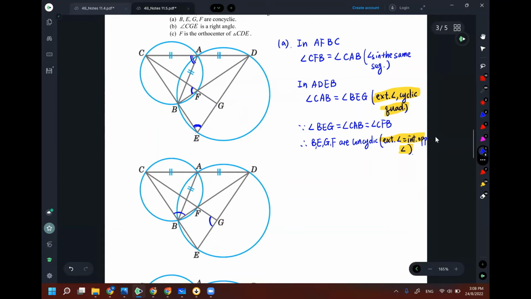So instead of going directly to CGE, I want to look at angle CBD. Okay, now why do I want to look at this angle? This is because I found something very special about the equal lines.